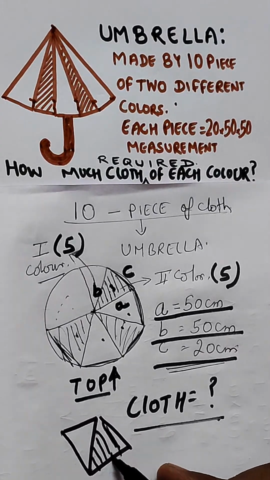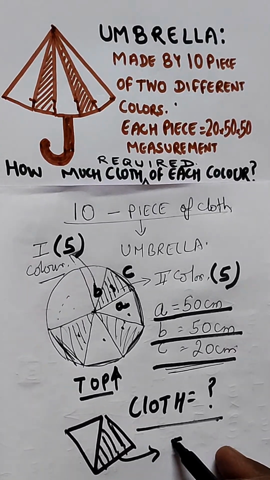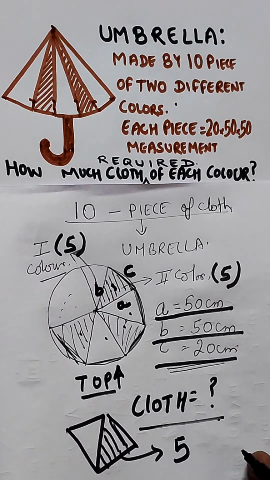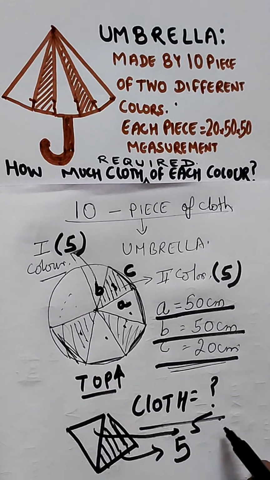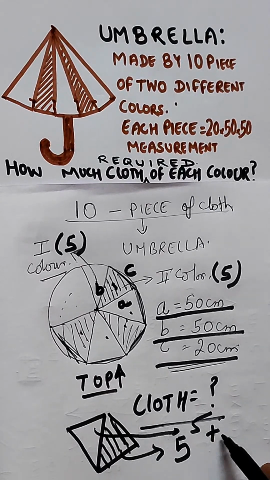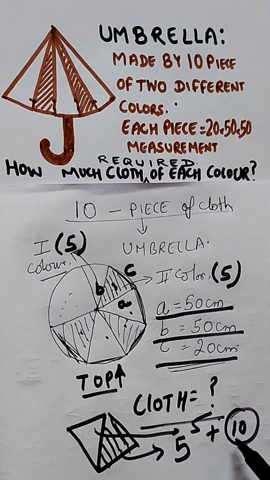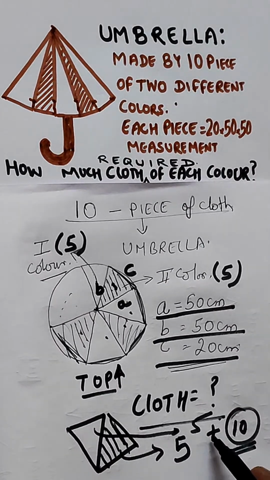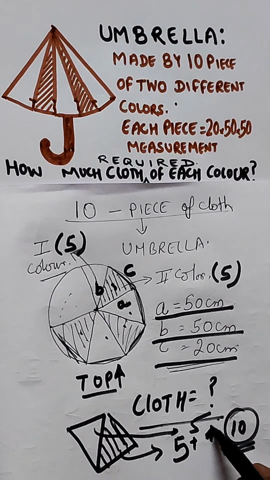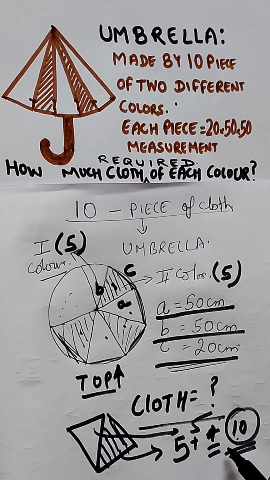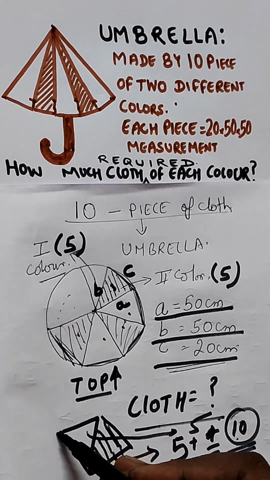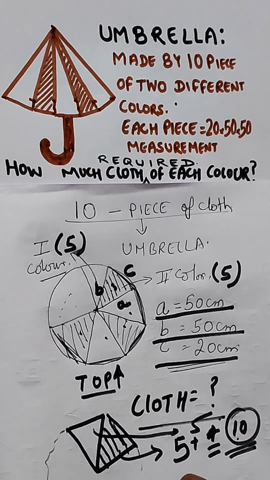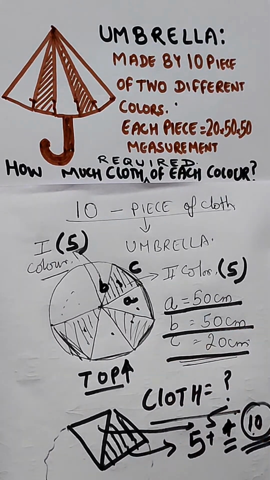So for the shaded color 5 pieces will be required, and for the blank one another 5 pieces will be required. When you add up, you will get 10. So these are the 10 pieces of cloth which are required in making this umbrella.